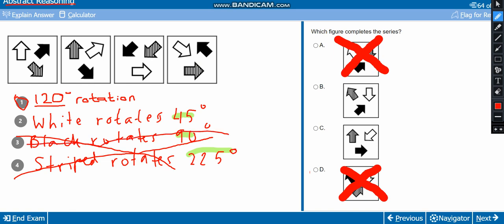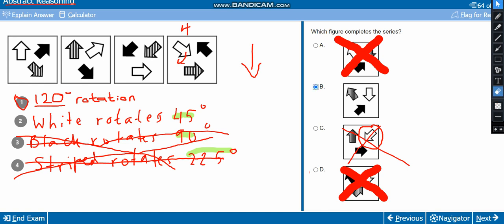And by just using rule number 2, we can determine that the correct answer is B, because in box 4, after another 45 degree rotation, we get a vertical arrow that points down. And as we can see in C, there's just been too big of a rotation. It's a 90 degree rotation, I think, to get to that point. So we know that C must be wrong as well.